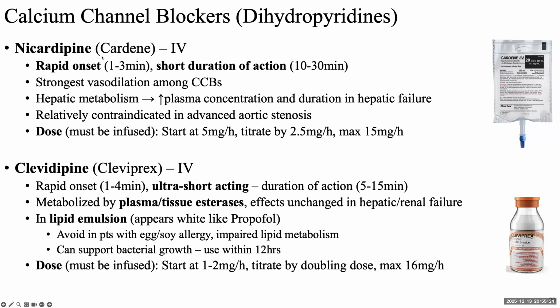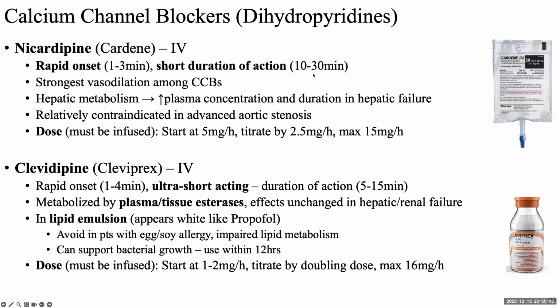So to go over some examples of dihydropyridines, let's start with nicardipine. Brand name is Cardene. It's a really great drug. It has a rapid onset within 1 to 3 minutes, and also a relatively short duration of action, which is anywhere from 10 to 30 minutes.